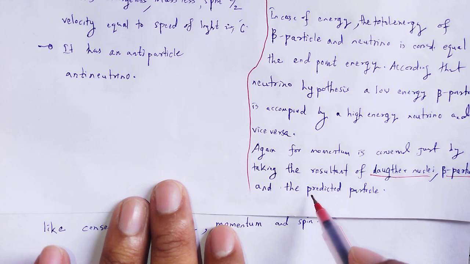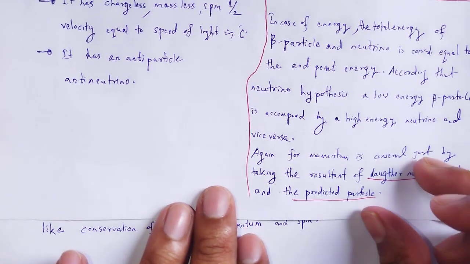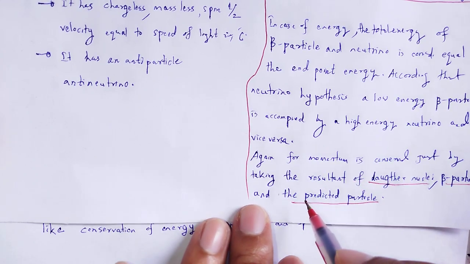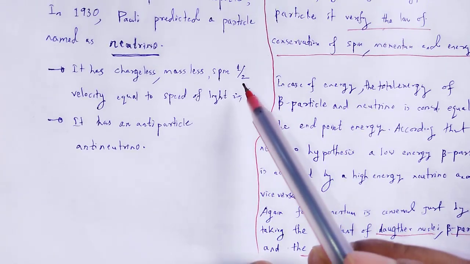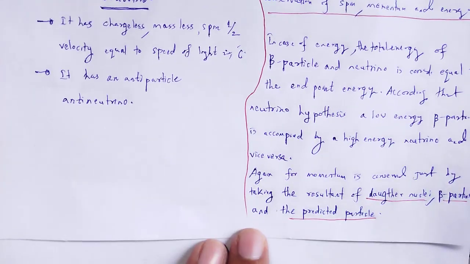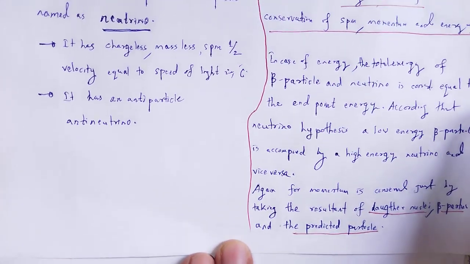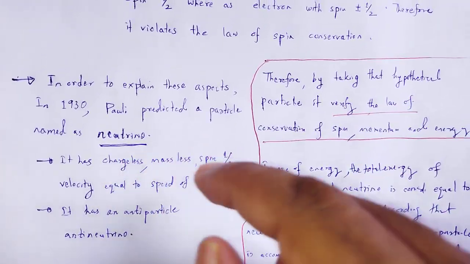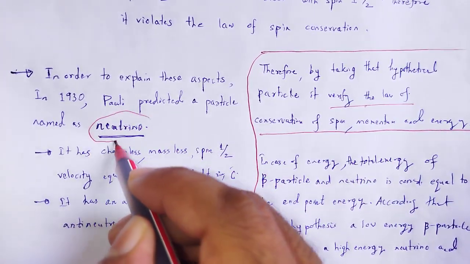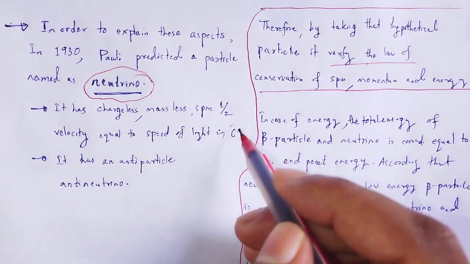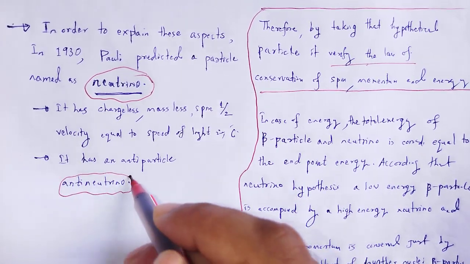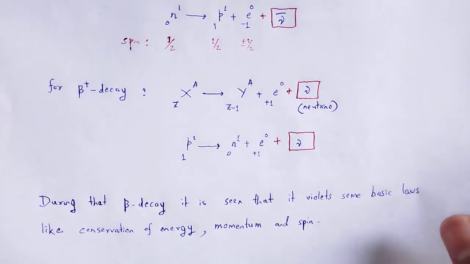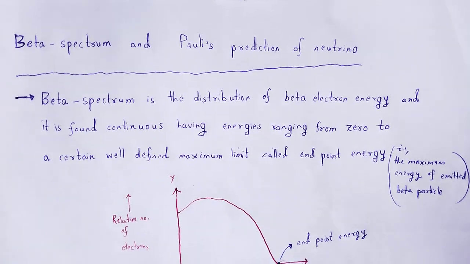When you consider daughter nuclei, beta particle and predicted particle, the momentum is conserved and spin is conserved as the spin is half. In this way all these laws, those are violated, are now conserved by taking that particle neutrino and its antiparticle antineutrino.